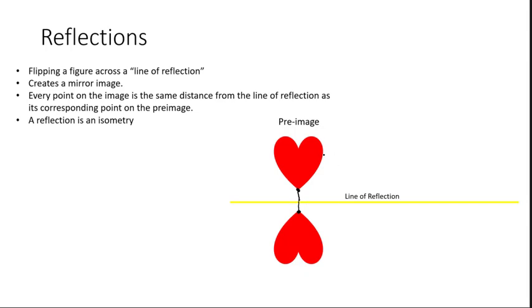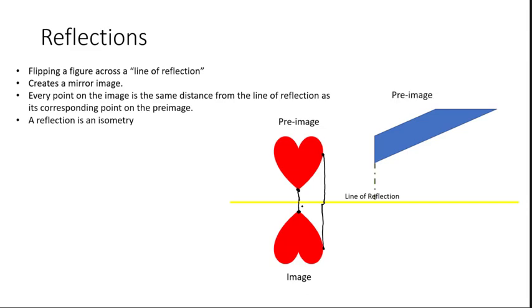And if you take any point, let's say right here, that point and its corresponding point down here, the distance to the line of reflection would be the same for both. That is the idea behind a reflection. Here's another picture: a quadrilateral. That's our pre-image, and we can reflect it across this line of reflection to get a mirror image on this side.